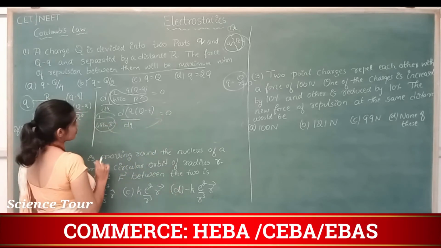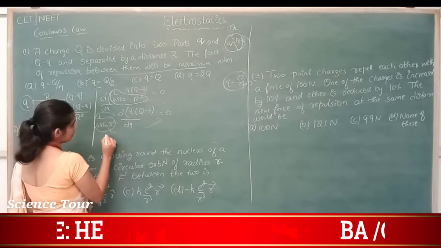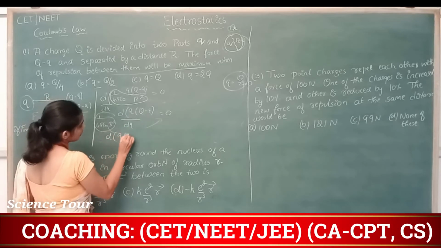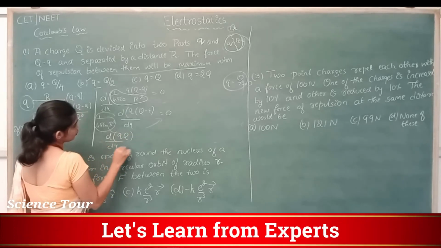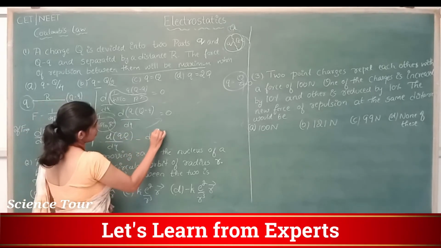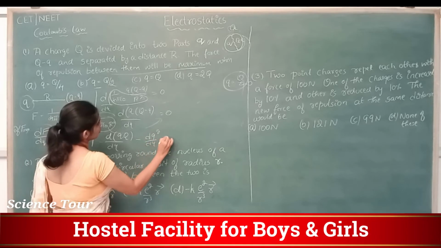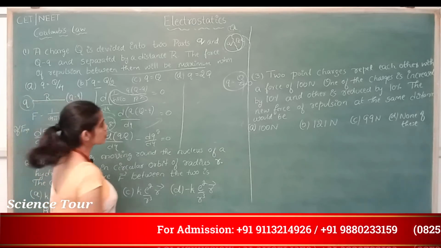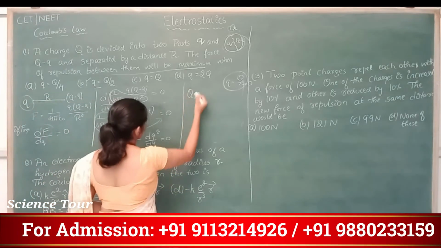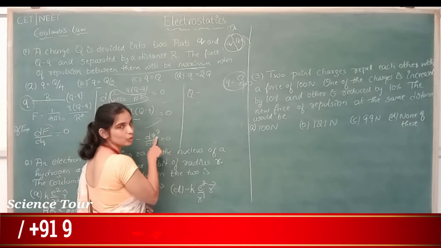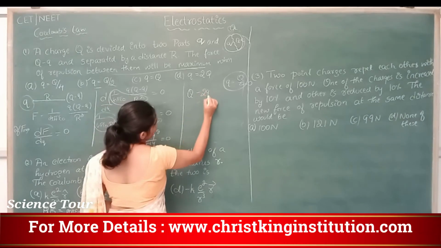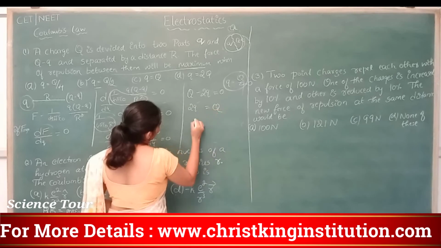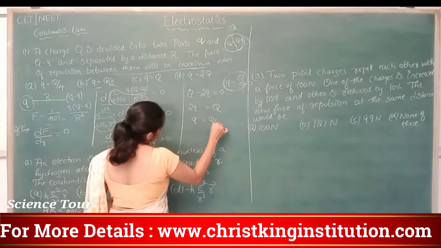Now only the differentiation of this part remains: the differentiation of Q q with respect to q minus the differentiation of q square with respect to q is equal to 0. What is the differentiation of Q q? That is Q. Minus, what is the differentiation of q square? That is 2q, equal to 0. 2q is equal to Q. So q is equal to Q by 2.